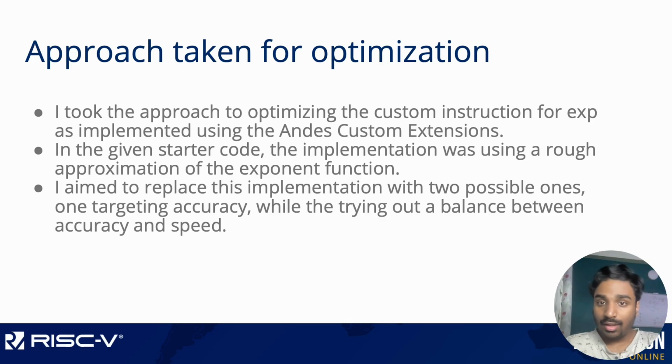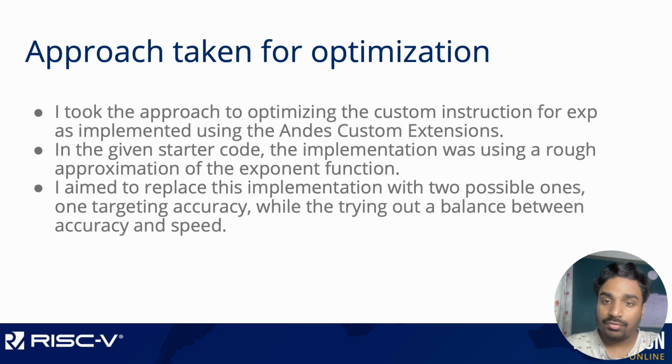So, having a look at the starter code, it was apparent what approach I would be taking for optimization. The custom extension for the exponential function was quite rough, and I decided I could take two paths for the optimization. Firstly, as I have a little bit of background in how residuals work and math, I decided to take an approach for improving the accuracy of the exponential function.